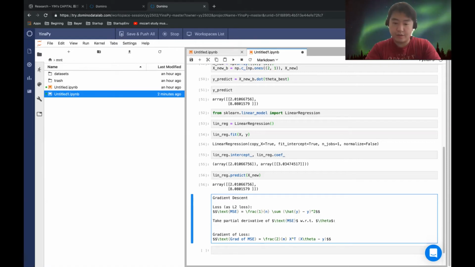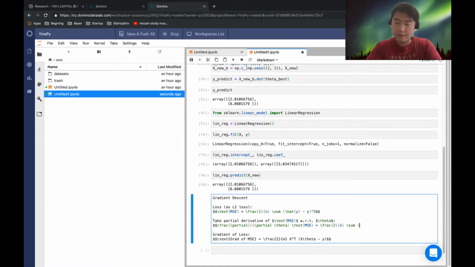The first thing you do is take this partial derivative. So we say partial over partial theta of the MSE, and the 2 comes forward, so fraction 2 over n. And whatever's in the middle, we have educated guesses, so we say X theta minus y.